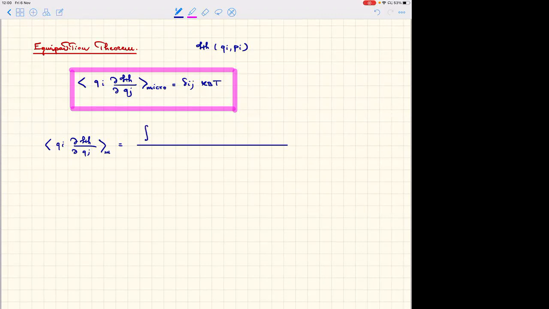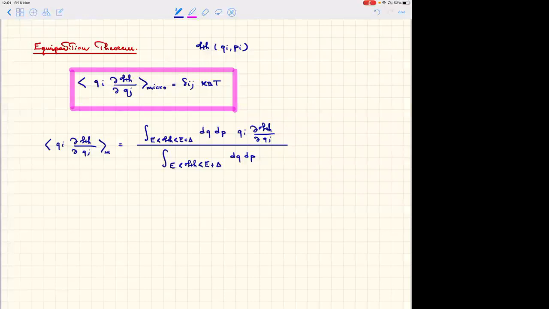It is defined as the integral over E smaller than H smaller than E plus delta of dq dp qi dH/dqj, divided by the integral over E smaller than H smaller than E plus delta of dq dp. So this is what is meant by that average.